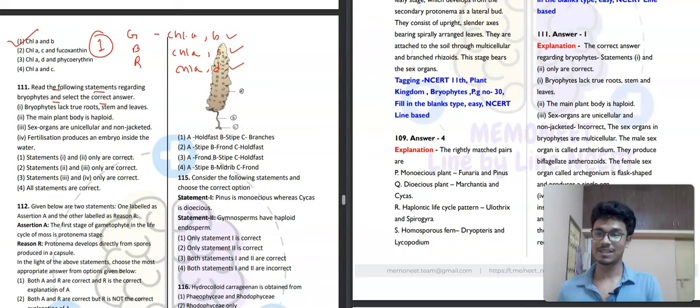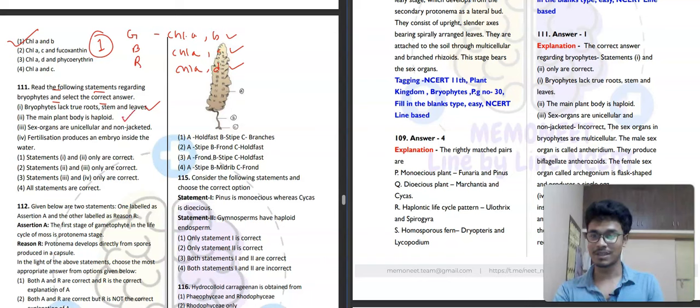Now the second is that the main plant body is haploid, sex organs are unicellular and non-jacketed, and fertilization produces an embryo inside the water. So let's go one by one. Bryophytes lack true roots, stem and leaves, absolutely correct. The main plant body is haploid, you can see, it is also absolutely correct.